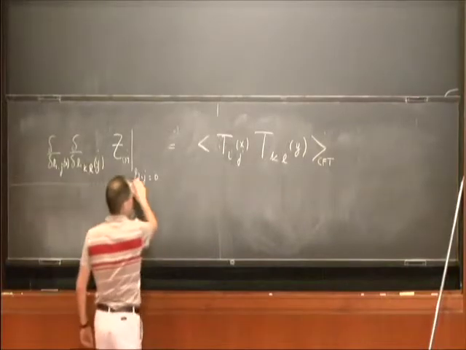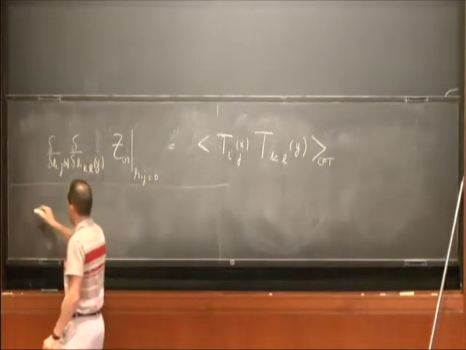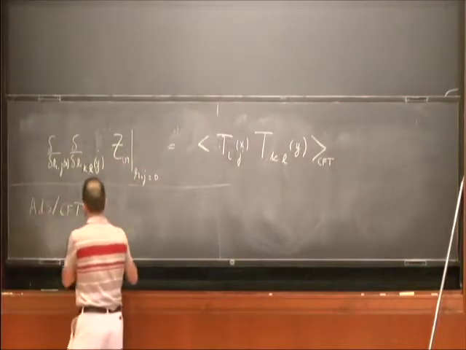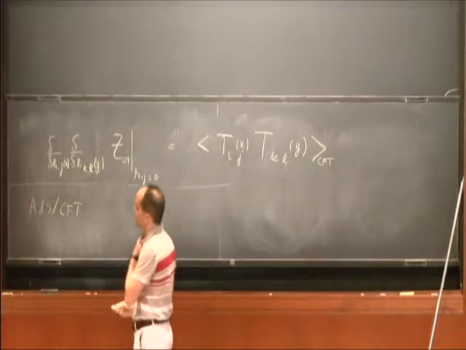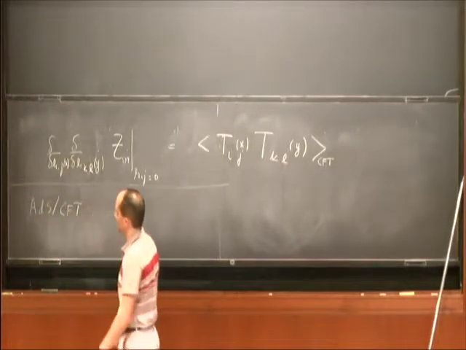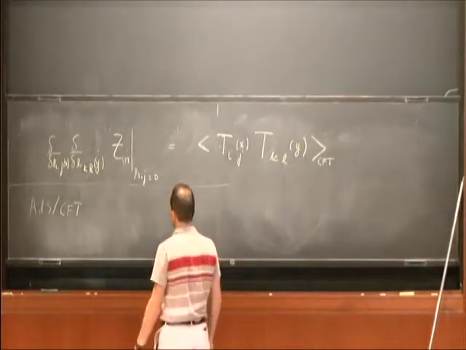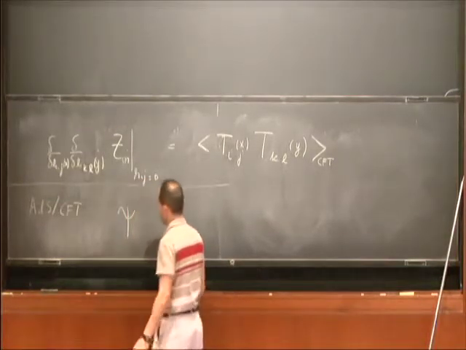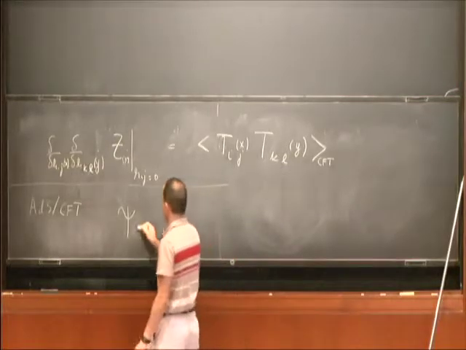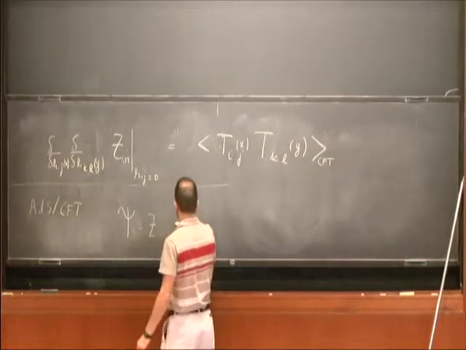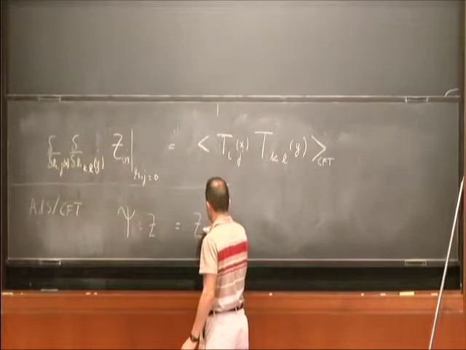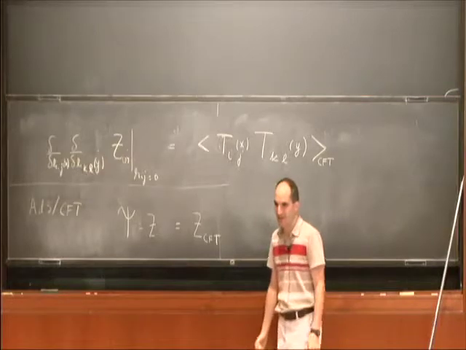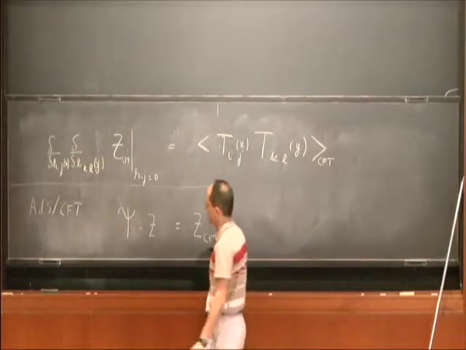Okay. Now the AdS/CFT correspondence says that for any consistent quantum gravity theory in AdS, if you do this calculation, you can think of it as the wave function in the far future, or sometimes called the partition function, this is the same as the partition function of some consistent, reasonable conformal field theory that is defined on the boundary.